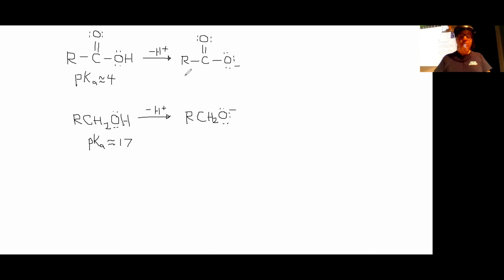And what I hope to convince you of is this conjugate base is significantly more stable than the conjugate base of an alcohol, the alkoxide ion. And this one's going to be less stable.